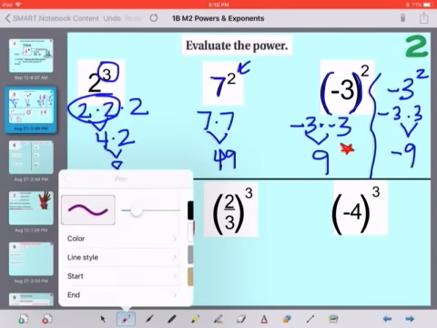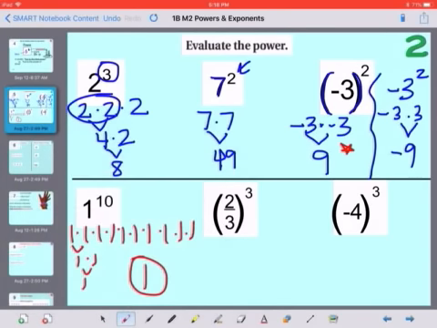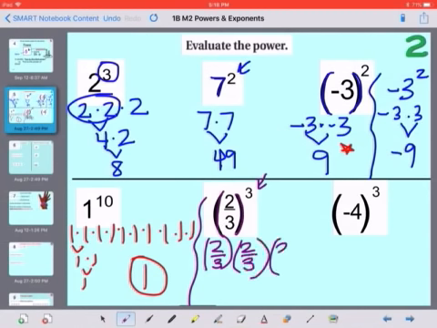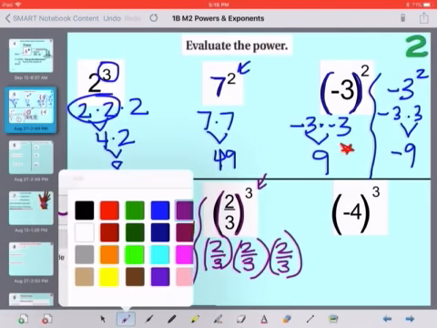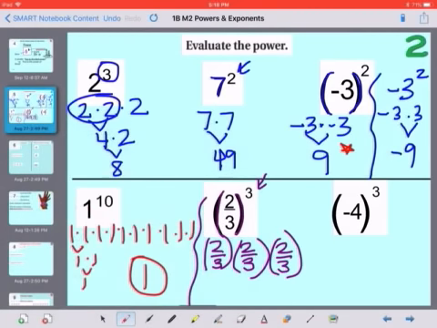Next, we have 2/3 to the power of 3. Whatever's in parentheses, we're going to write 3 times. So I'm going to write 2 over 3, 2 over 3, and 2 over 3. Now we're multiplying on the numerator first, the number on the top, and because these are touching, we know that's multiplication. 2 times 2 is 4, so we really have 4 times 2, which is 8 in the numerator.